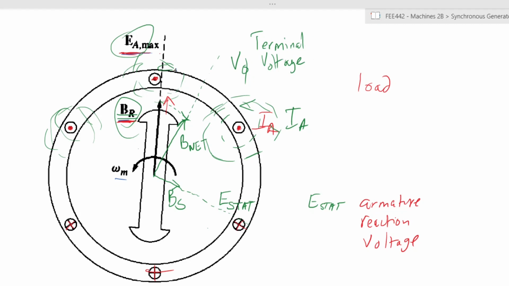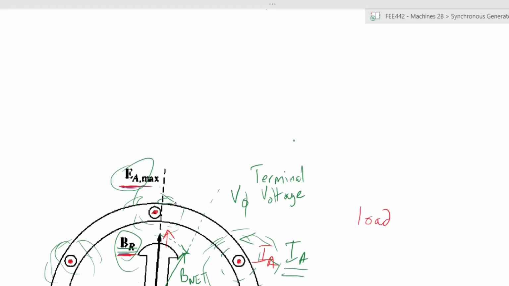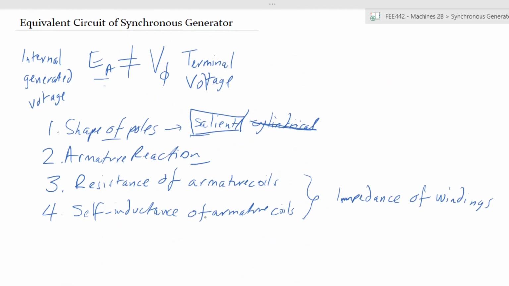Okay, and that is the gap between the two. Now, in addition to BS, of course, your current IA was generating the armature reaction voltage. It is creating your armature reaction voltage in the form of the magnetic field that is there. Remember that your IA is flowing through the armature coils.